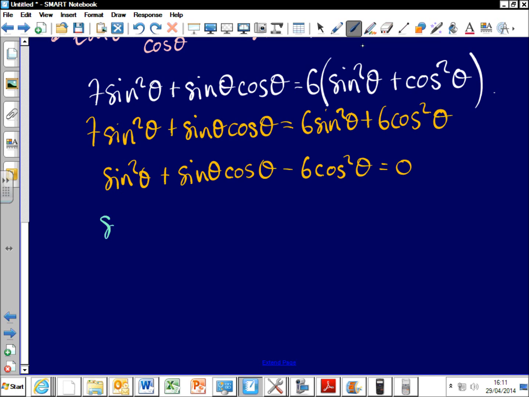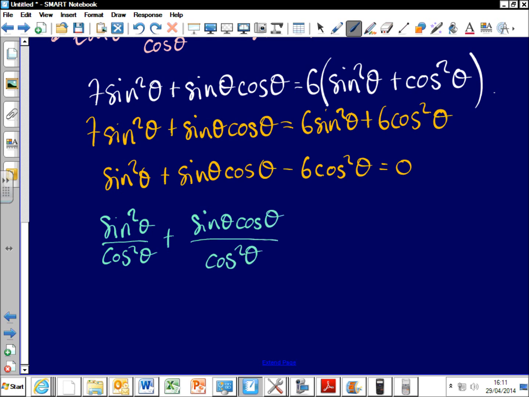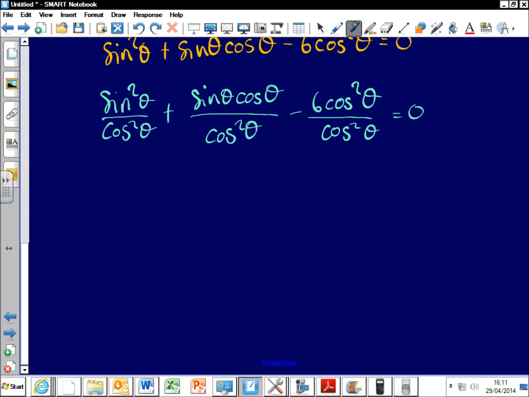Okay, so I'm going to get sine squared theta over cosine squared theta plus sine theta cos theta over cos squared theta. And over here I'm going to get minus 6 cos squared theta over cos squared theta. That all equals 0. What does this bit go to?